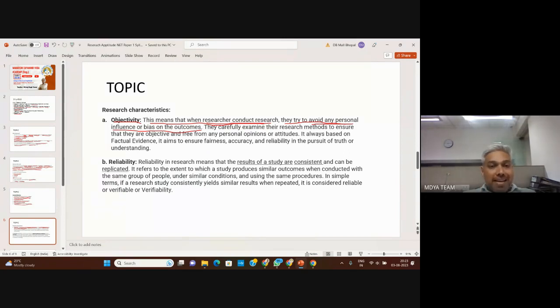Remember these words, bias on the outcomes. I'm pressing on this word. It is very important. This is the meaning of objectivity, right? They carefully examine their research methods to ensure that they are objective and free from any personal opinions or attitudes. In research, we should always be free from our personal opinions or attitudes.